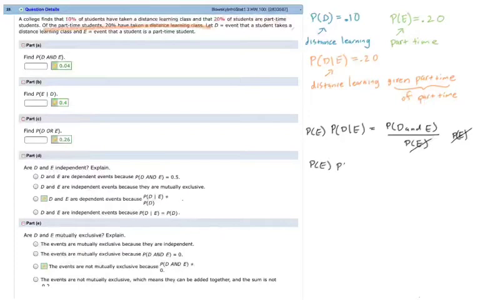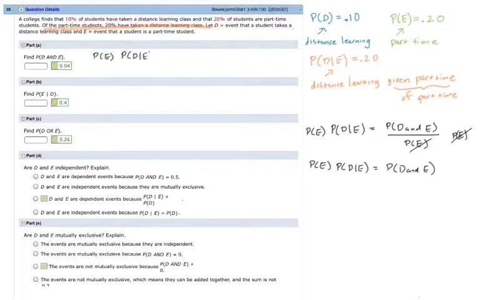And so I have probability of E times probability of D given E is going to equal the probability of D and E. And it's just another way of rewriting this. So that's going to just help us out so we don't have to do all this algebra again to just kind of write it in that format here. So I'm going to use that version of it.